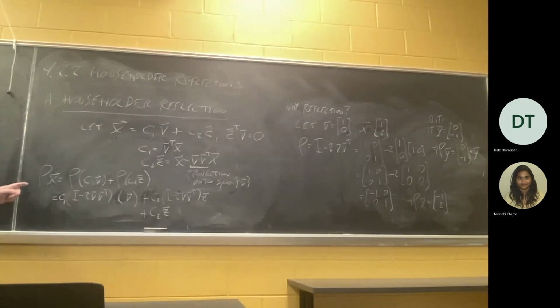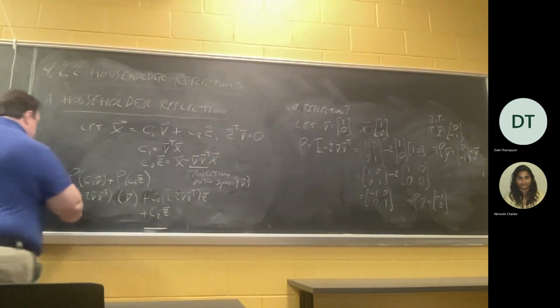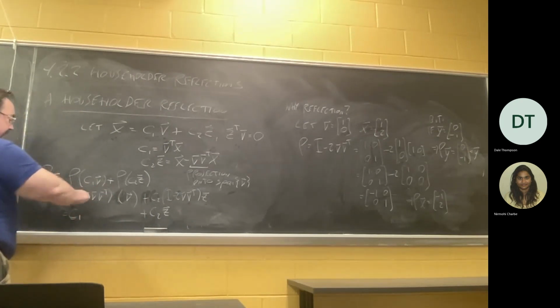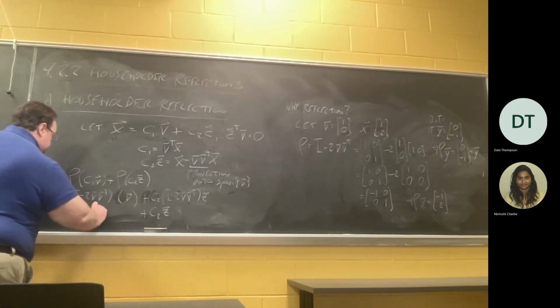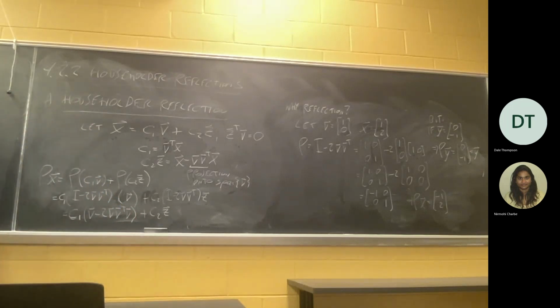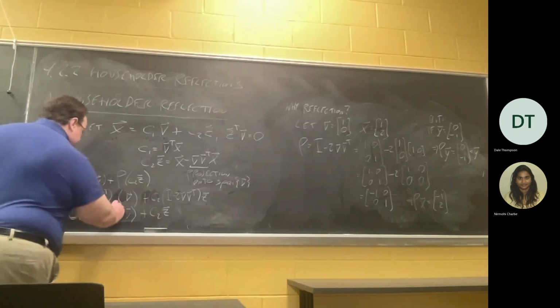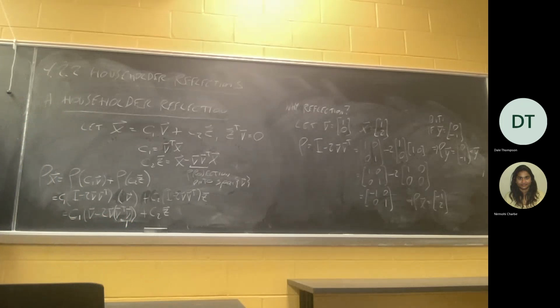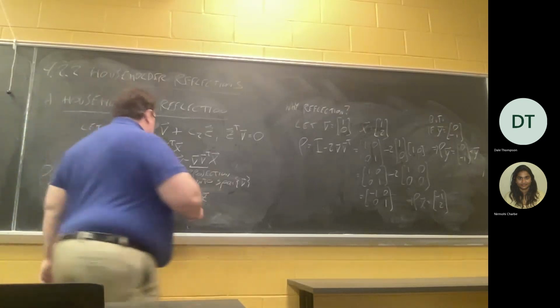As for the other part, what we have here is C1, and I can take the v and distribute it through here. v minus 2 v v transpose v. But v is assumed to be a unit vector. So this scalar here, v transpose v, that's 1. So we're left with v minus 2v, in other words, minus v.